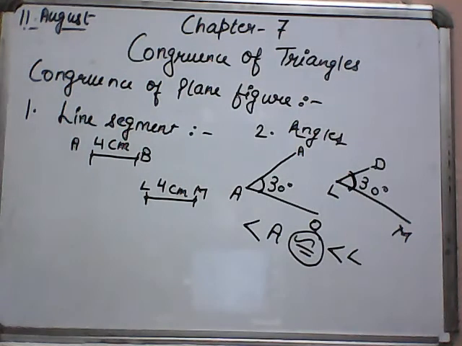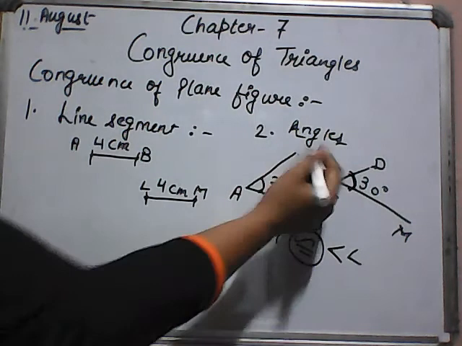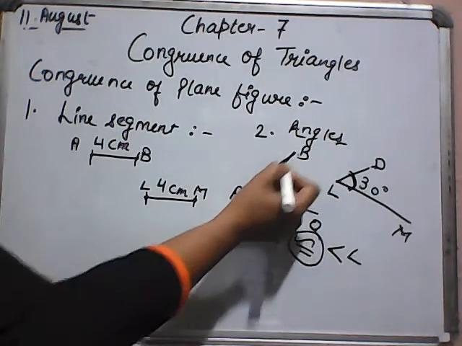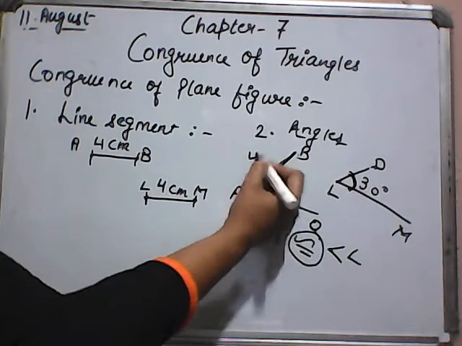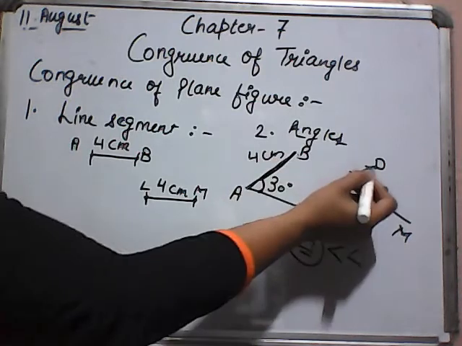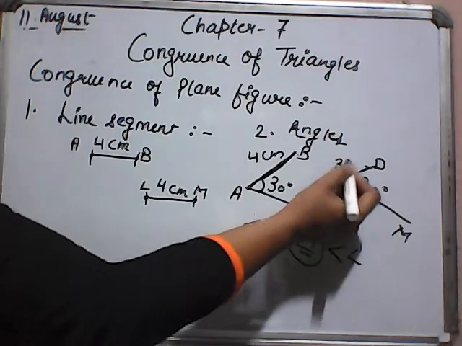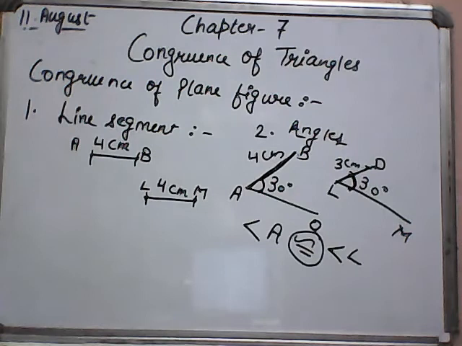Now, while examining the congruency of two angles, the length of arms is not important. Here, the length of arm AB is 4 cm. Here, the length of arm LD is, suppose, 3 cm. In the case of angles, arms are not important. What is important?